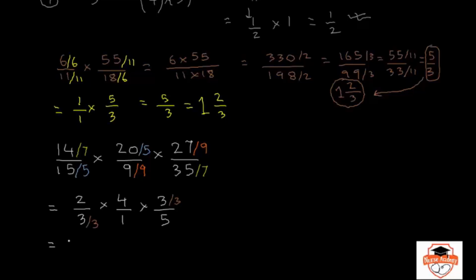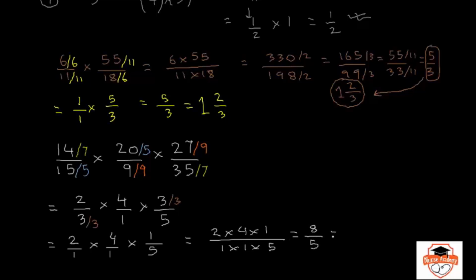2 on the top, 3 over 3 is 1, times 4 over 1, times 3 over 3 is 1 over 5. And look at that. This is only 2 times 4 times 1 on the top, with 1 times 1 times 5 on the bottom. It's a child's play now. This is 8, this is 5. If you want to change it to a mixed number, this is an improper fraction.